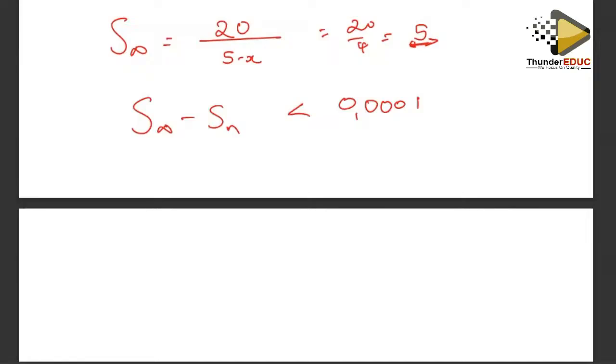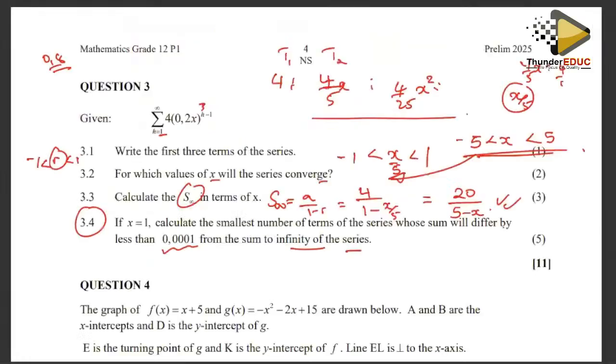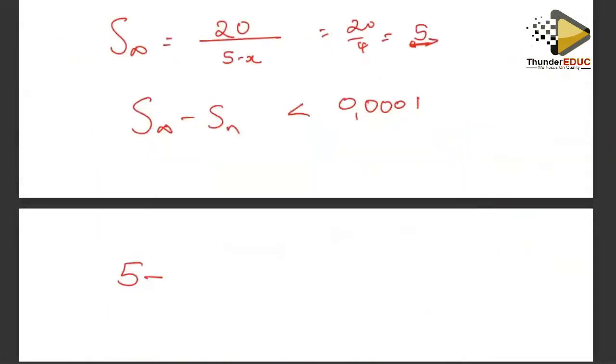Okay, let's do the substitution and see. How many terms are we focusing on? Determine the number of terms whose sum will differ. So it's just like the normal sum, which is given as a(r^n minus 1) over r minus 1.